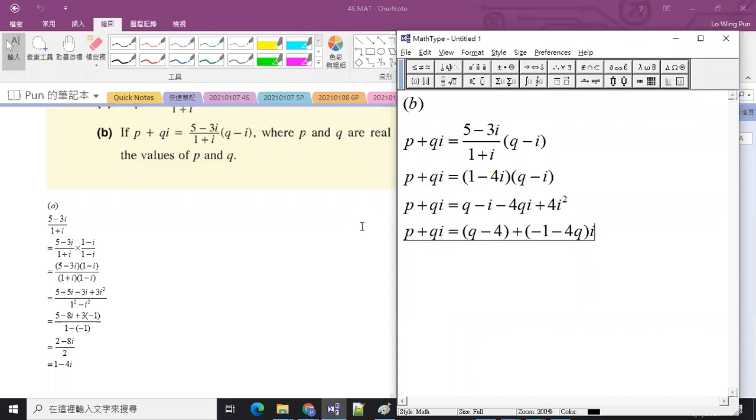Can you follow? The coefficient of the i will be -1 minus 4q, and the real part should be q minus 4. Can you get this? If we have two complex numbers on the left hand side and right hand side respectively, we just compare their real parts together, and we compare their imaginary parts together.